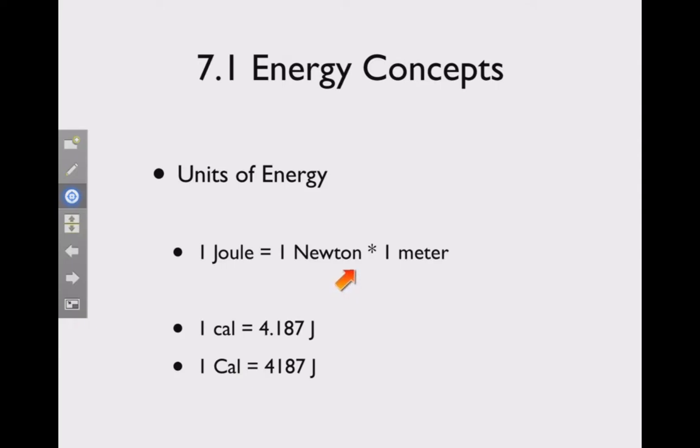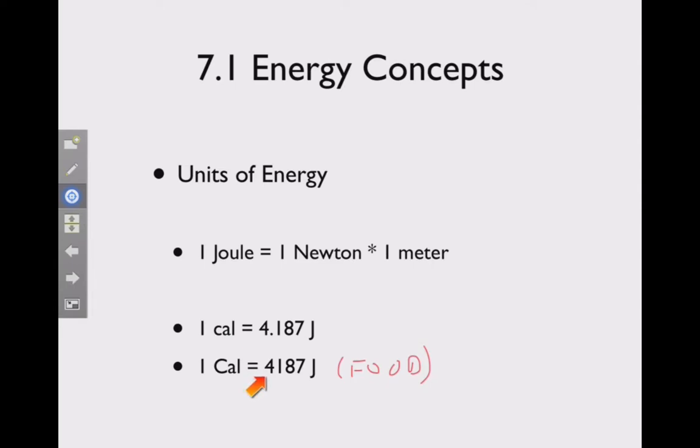And we have the situation where 1 calorie, with a small c, an energy calorie, is equal to 4.187 joules. And 1 kilocalorie, or a food calorie, let me just write that down. This is a food calorie. These are the ones that we see on the packaging of our food. It's actually a kilocalorie, a kilo energy calorie.